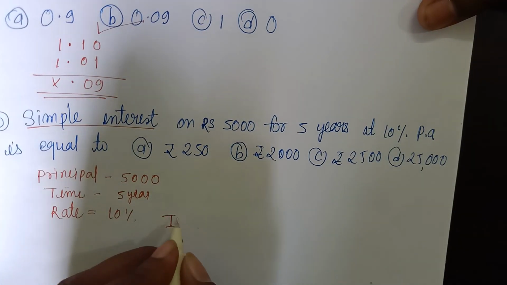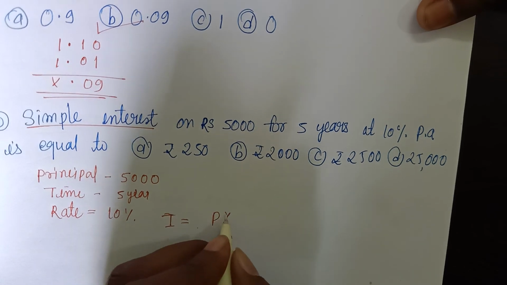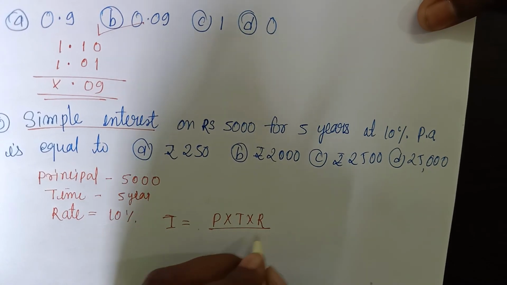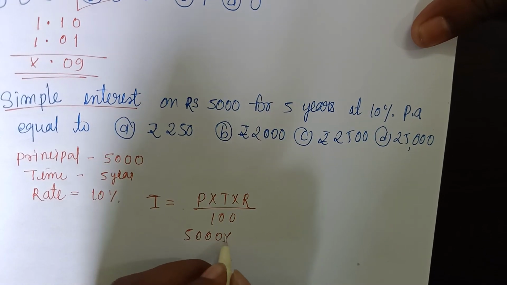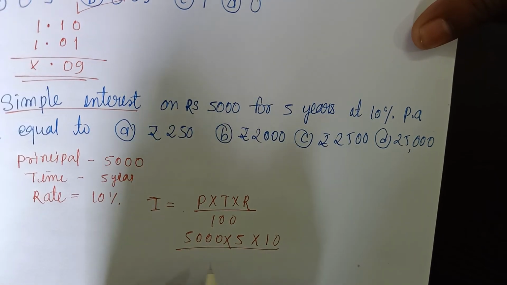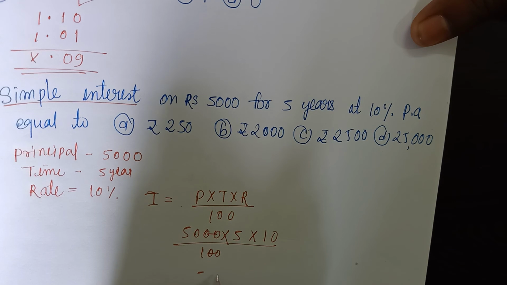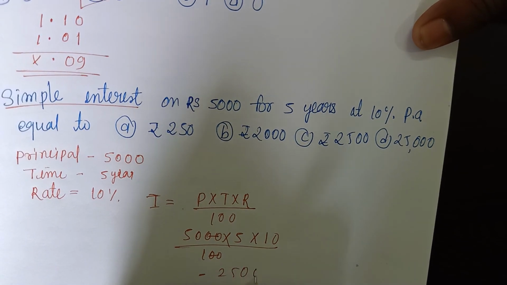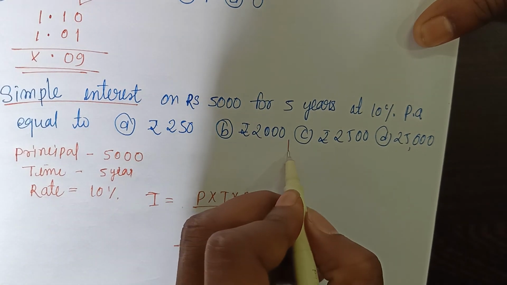So interest, we know very well, I is equal to P into T into R by 100. Then principal is 5,000, time is 5 years, and rate is 10% divided by 100. The zeros cancel, so 25 10s, 2500. Then option number C is correct.